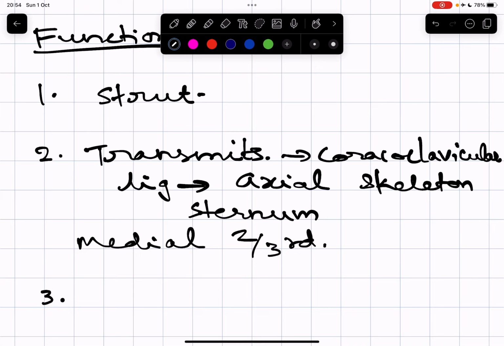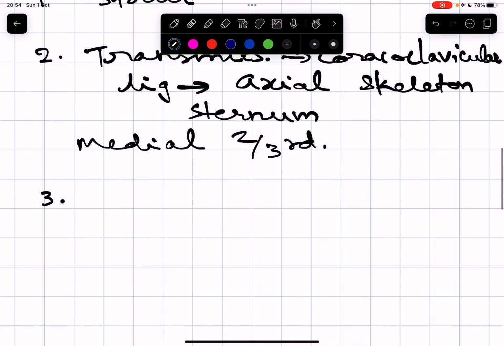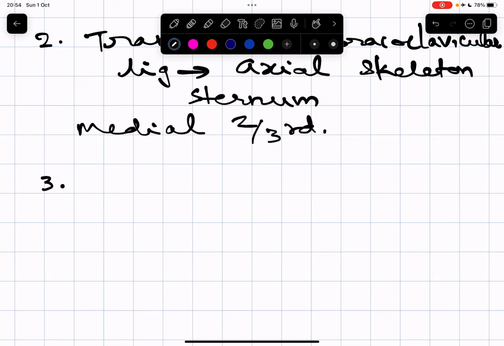Also, the clavicle presents a curvature which is convex anteriorly in the medial two-third and concave anteriorly in the lateral one-third. So there is a posterior concavity in the medial two-third.